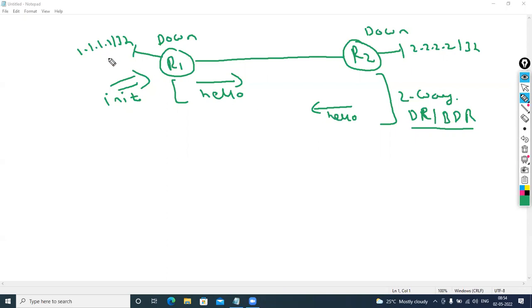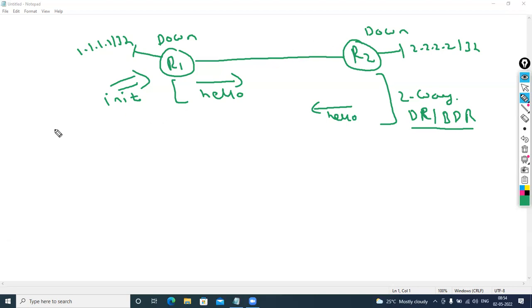Why we elect master and slave is to decide who will start to exchange the routing information first, whether R1 will start or R2 will start.